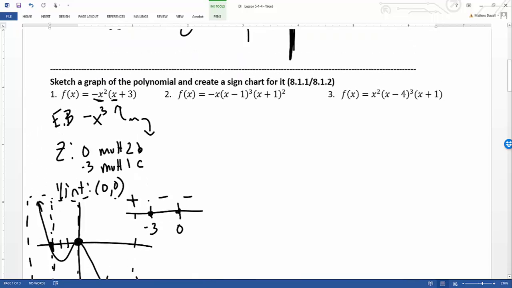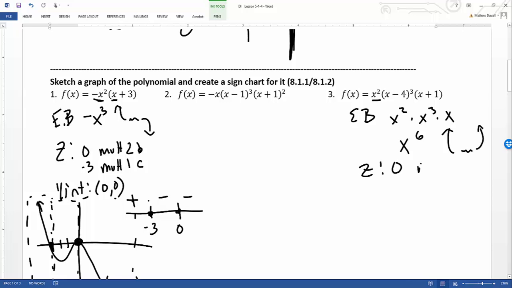Looking at another one. My end behavior: the leading term is x squared times x cubed times x. So that's x to the 6th, which means both ends go up. My zeros are 0 with multiplicity 2, 4 with multiplicity 3, negative 1 with multiplicity 1.